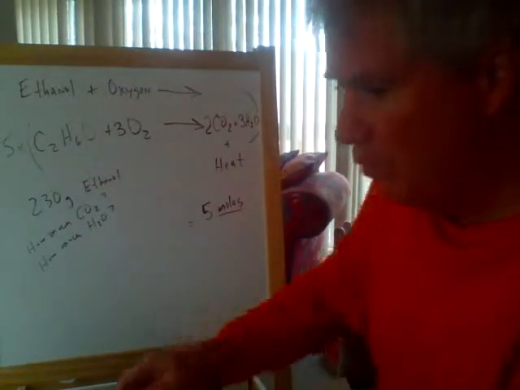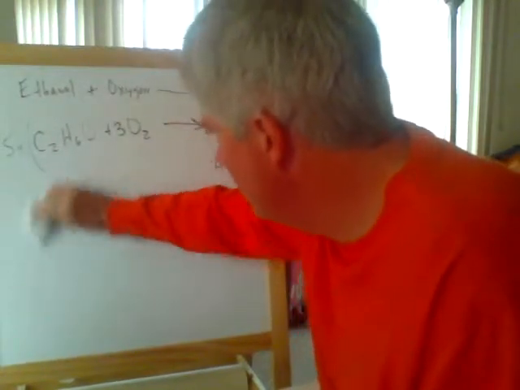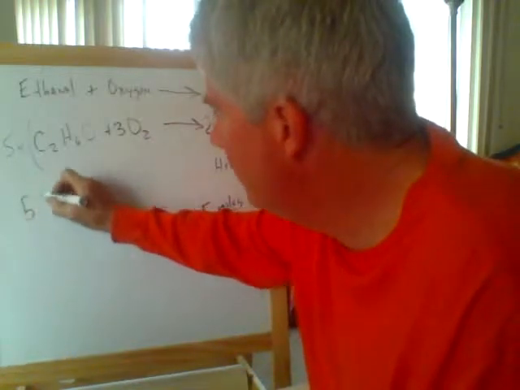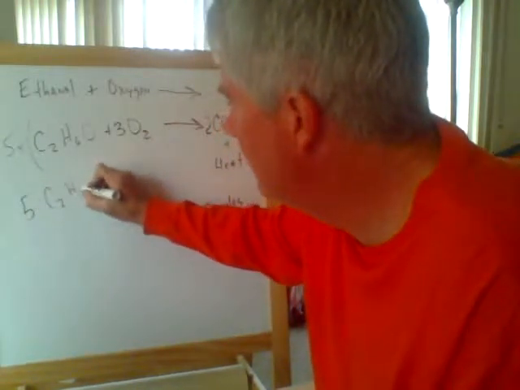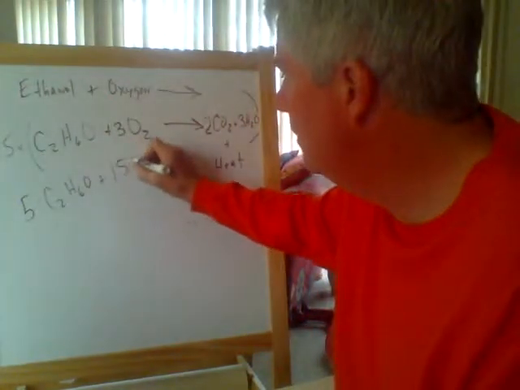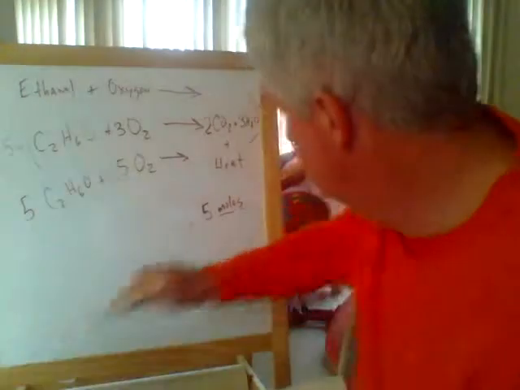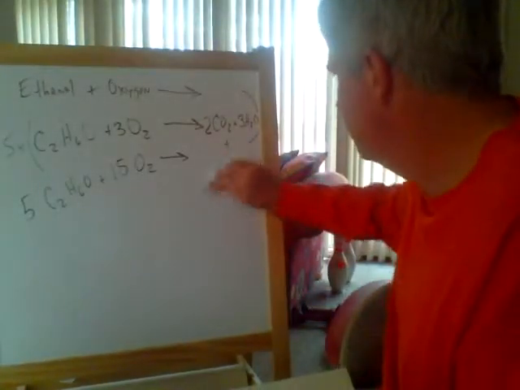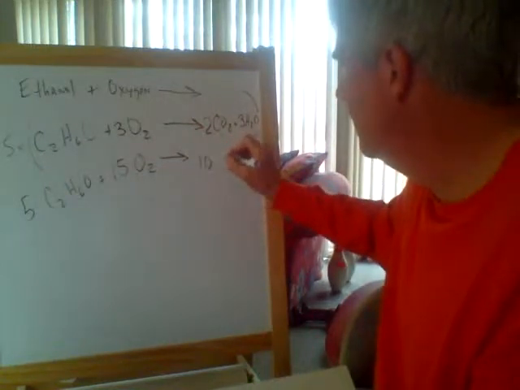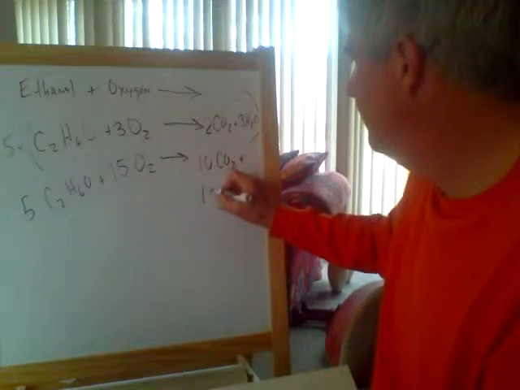Okay, and what we end up with then, I'll redraw that 230 in a second, is we end up with 5 ethanols, and 5 times 3, 15 oxygens, yields 5 times 2, 10 carbon dioxides, and 5 times 3, 15 waters.